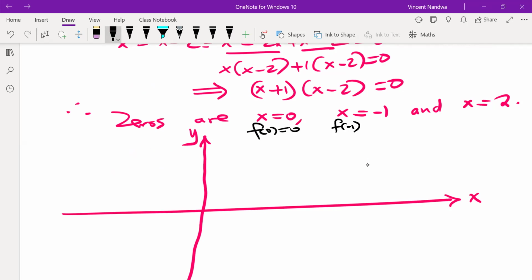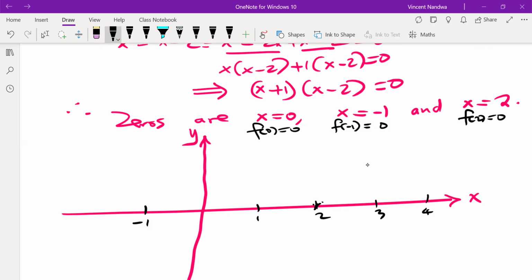F of -1, when you replace -1 for x in the function, you will get 0, and also this is 0. So here we have -1, say 1, 2, 3, 4.